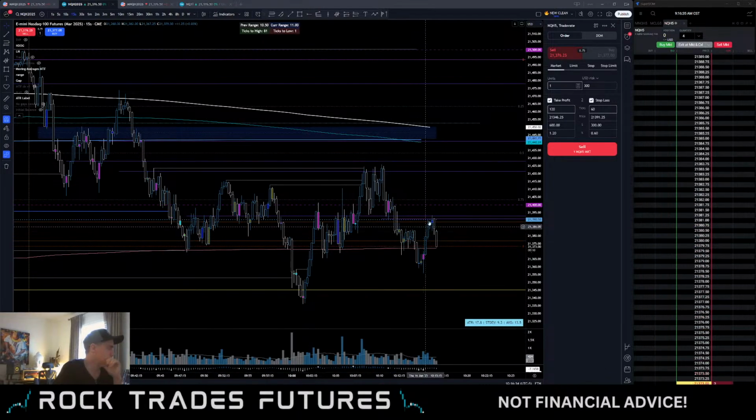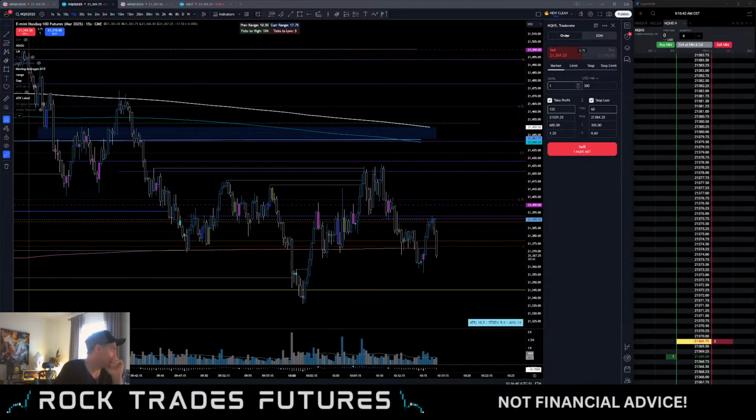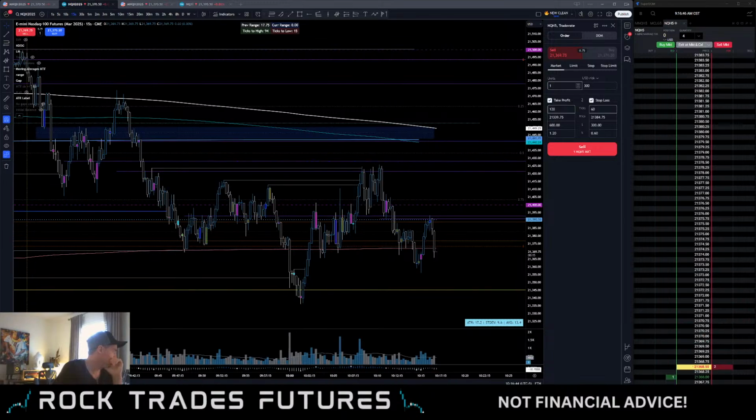We do have an expansion model too, so just for fun, let me see. There's a 12% chance that we take out the London highs now.